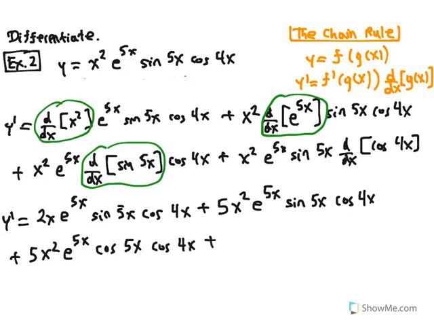And when I'm working on the last term, this is the derivative that I need to take. I know the derivative of cosine is negative sine, so I have negative sine of 4x multiplied by the derivative of the inside function, using, of course, the chain rule.